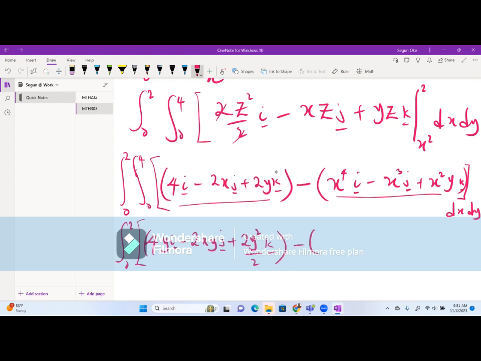Minus, let's integrate this with respect to y. I will have x raised to power 4 y i minus x raised to power 3 y j plus x squared, it's still x squared, sorry, x squared y squared over 2 k.